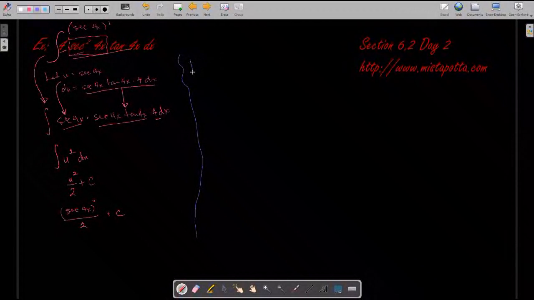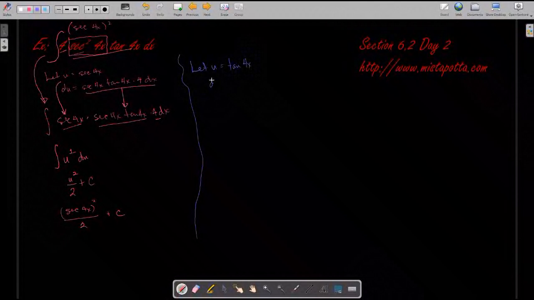So if I let u be tangent of 4x, then my du would be the derivative of tan 4x, which would be secant squared 4x times 4 dx.